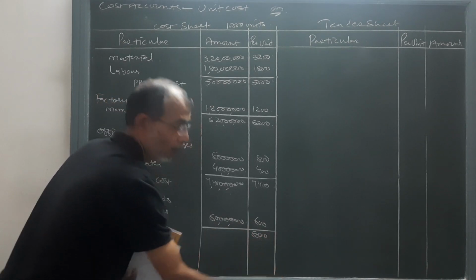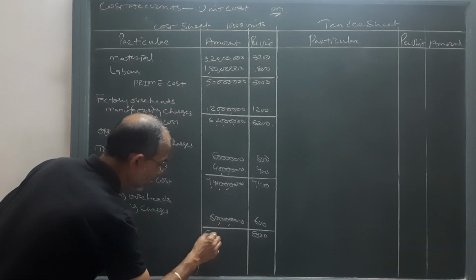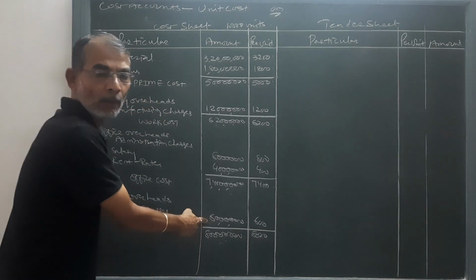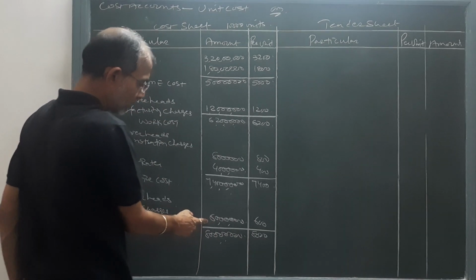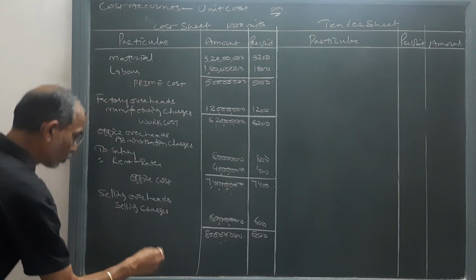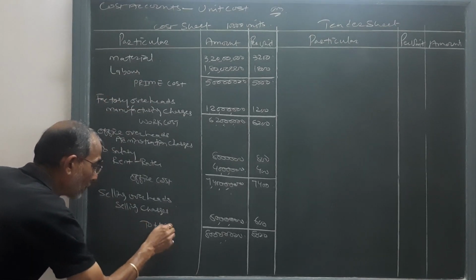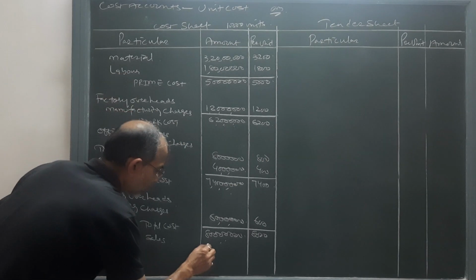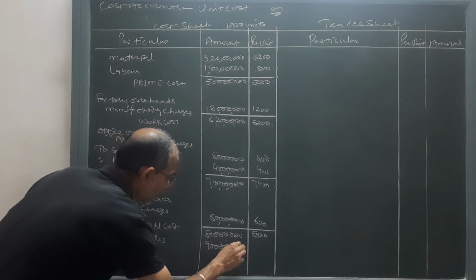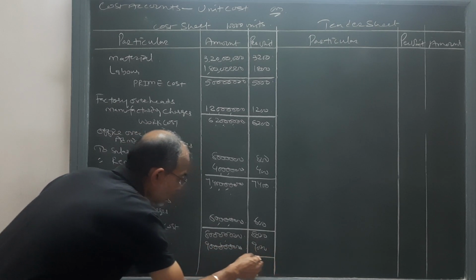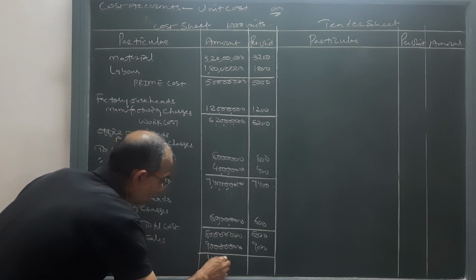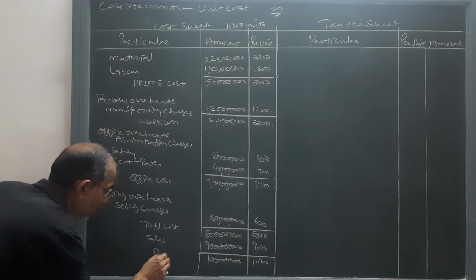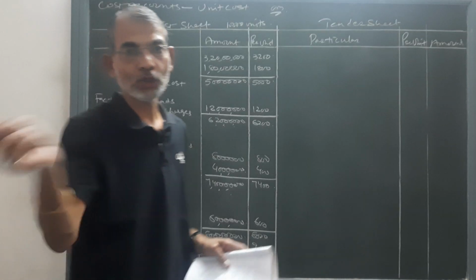So 8,000 is per unit cost, and that is 8 crore. Here in the question 6 lakh is given, but that is 60 lakh. So this is total cost, and sales is 9 crore. That means 9,000. So profit will be 1 crore and per unit will be 1,000. In this way, the cost sheet will be prepared.